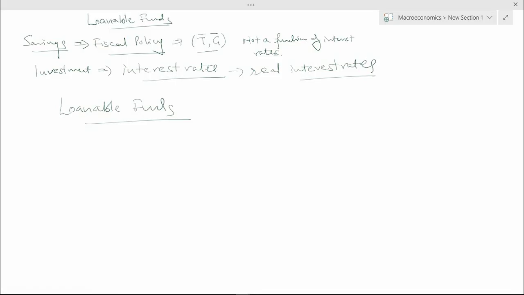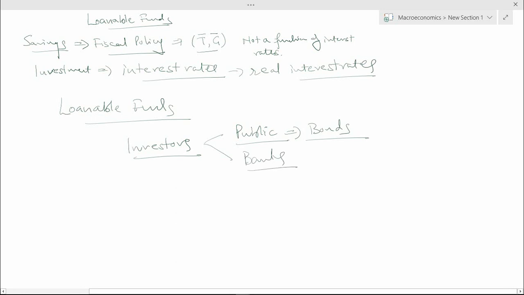Whenever you are talking about loanable funds, we are taking into account households. Now, there are two ways investors can go to the market and raise capital. One, they can go directly to the public and raise capital, which is through bonds.